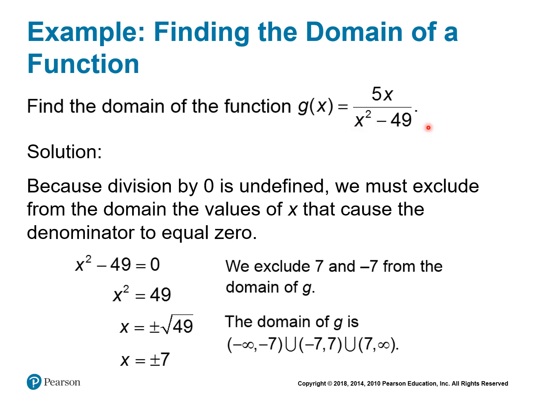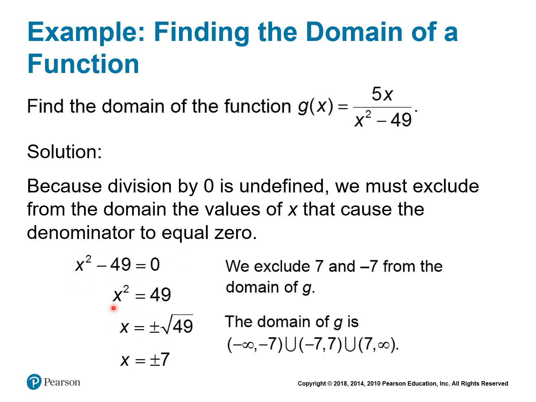It's the denominator that's the problem. So take x squared minus 49, make it equal to 0, and solve for x. Find values of x which will make the whole expression equal to 0.